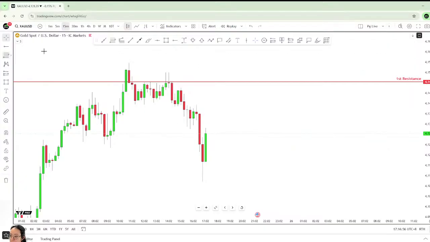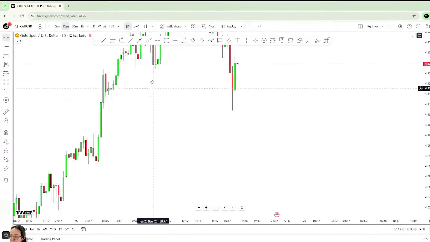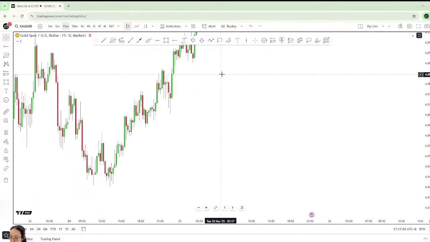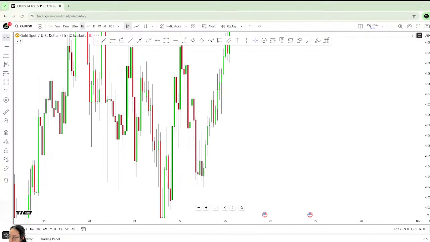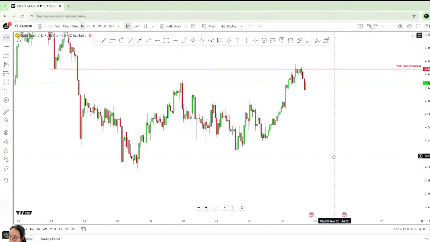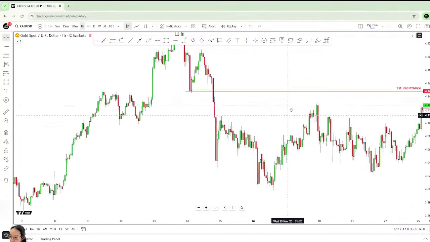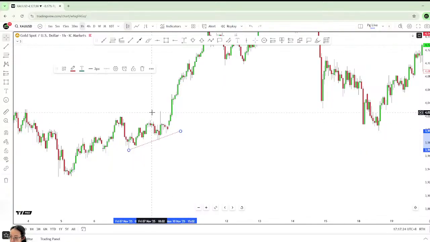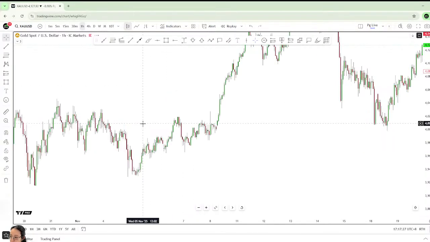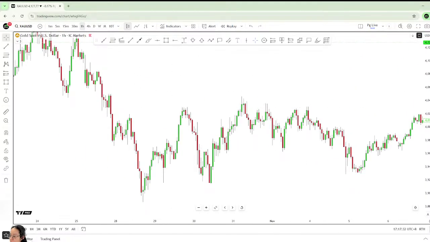One is flag. Do you think you see a flag in gold? I think so. I saw quite a few. Okay. I try to find. Okay, guys.